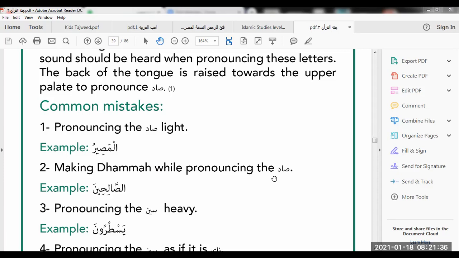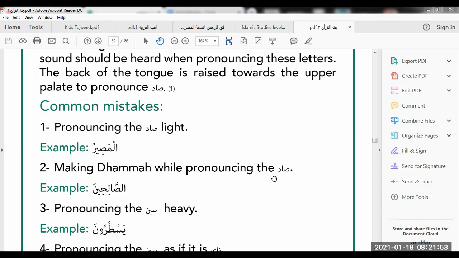This صاد comes from the tongue and the edge of the lower front incisors, but we mustn't use the lips when we pronounce this صاد.